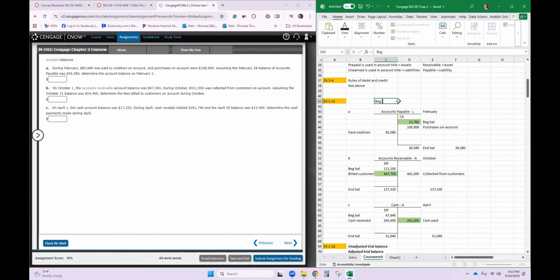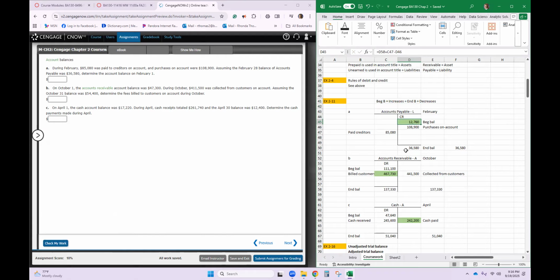Beginning balance plus purchases or plus increases equals ending balance plus decreases. Okay, plus decreases. All right, so let's see if we can figure this out. Decreases. All right, so here's the beginning.